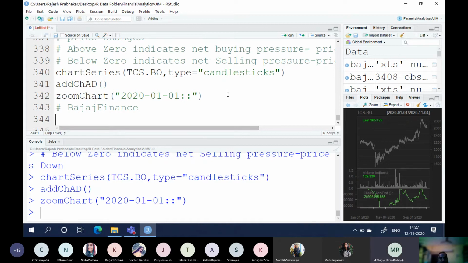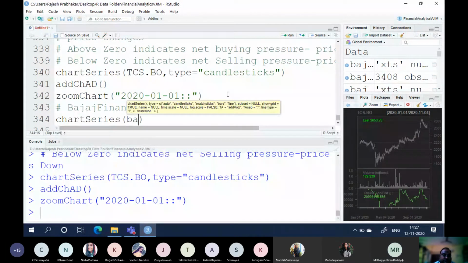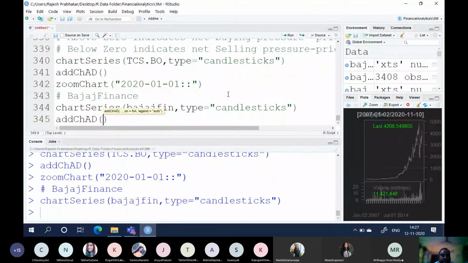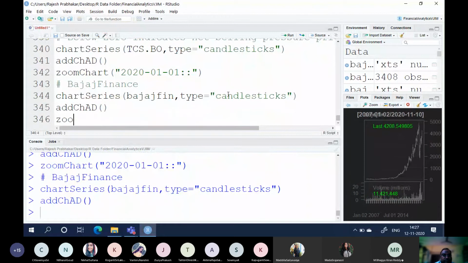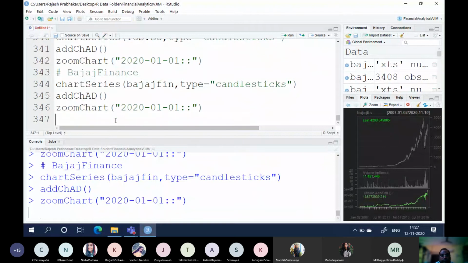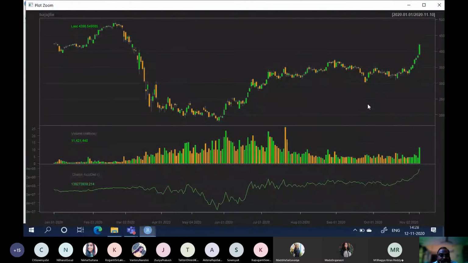It's moving up. It's moving up, yes. Chart series Bajaj Fin, type is equal to candlesticks. Add CHAD chart. So it is showing net buying pressure. Good. Bajaj Finance is okay. You can invest.